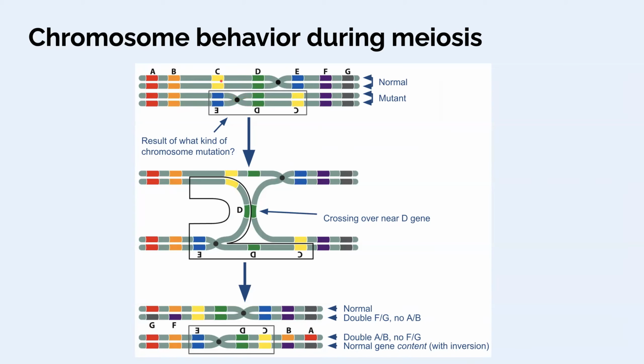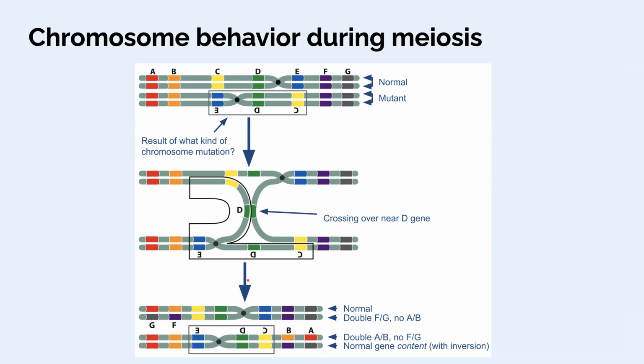And in the process of meiosis, as these chromosomes line up with each other, they could recognize each other here and here, but then they'd be a little bit thrown in this region where C should be matching with C and E with E. And they suggest basically this could happen. So crossing over normally happens between chromosomes that are not rearranged like this one. But this is a possibility where during crossing over, they're trading parts that are not homologous because this D region is a little bit different than it usually is.